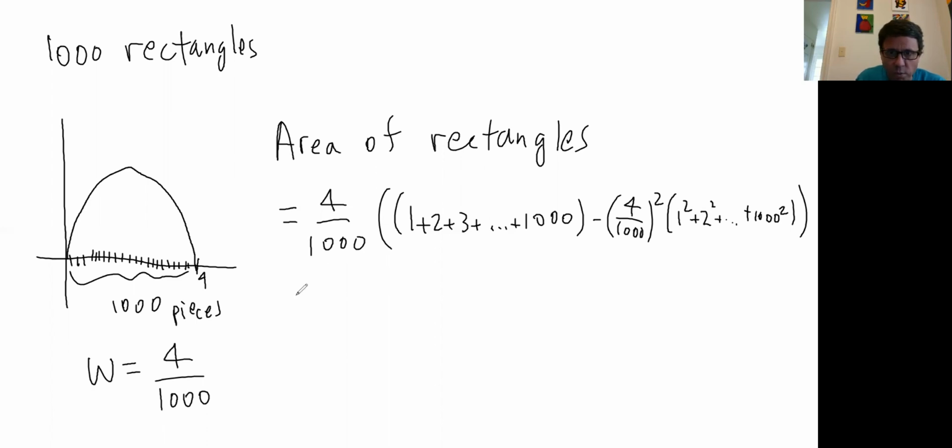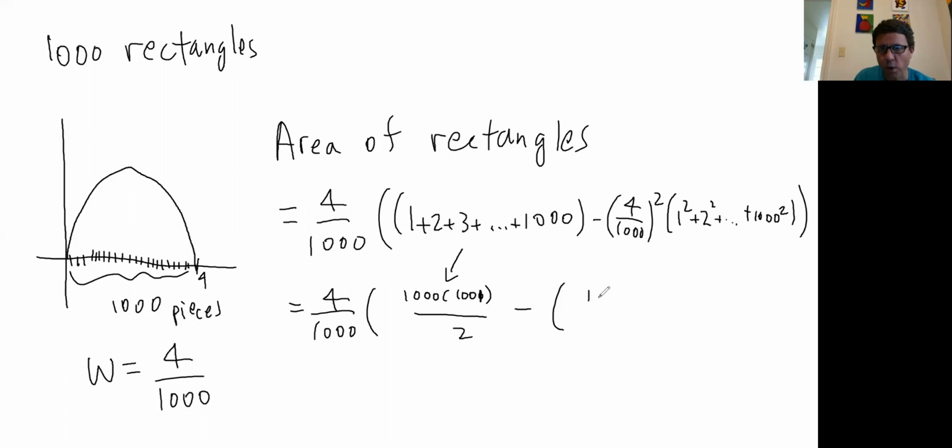So if I try and use my formula here, 4 over 1,000, then this one we already did. That was Gauss. So we know that the formula there is 1,000 times 1,001 over 2. The next one is 4 over 1,000 squared.